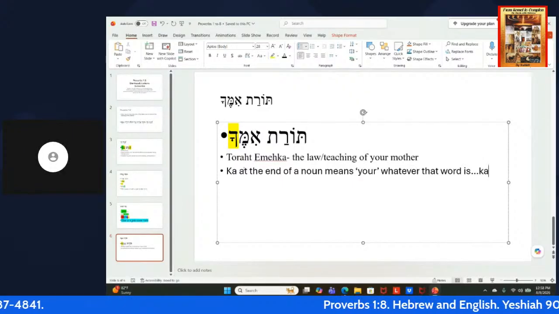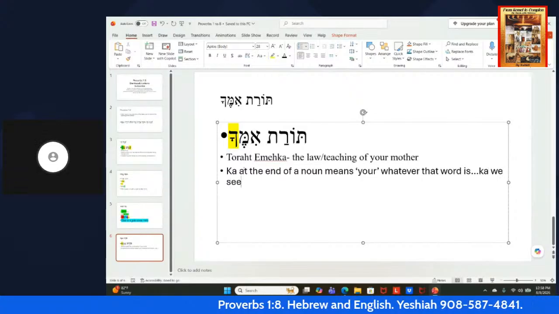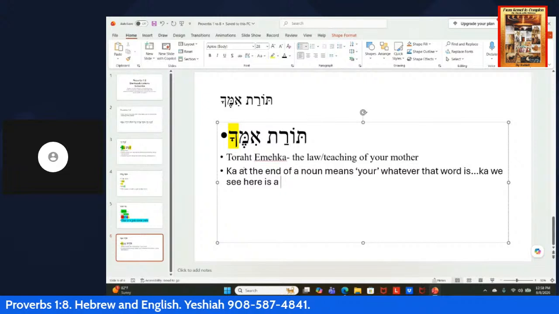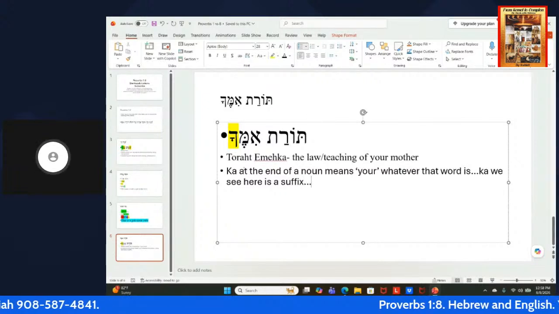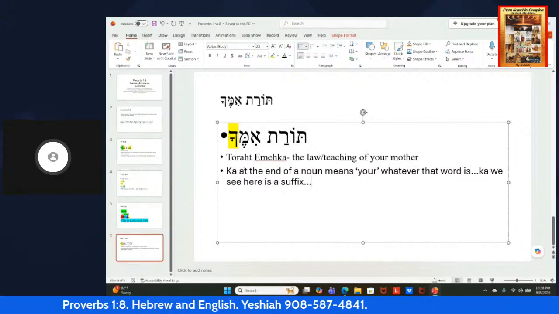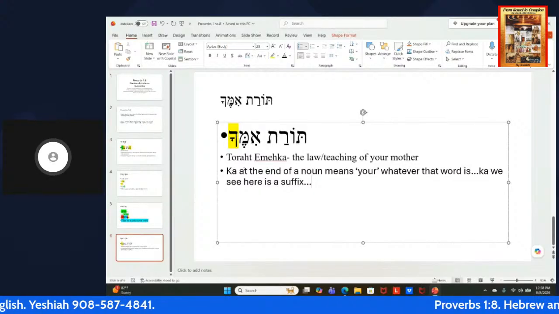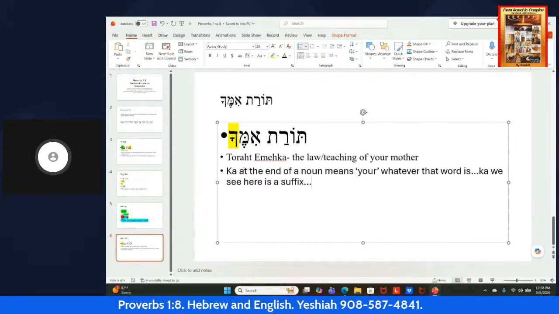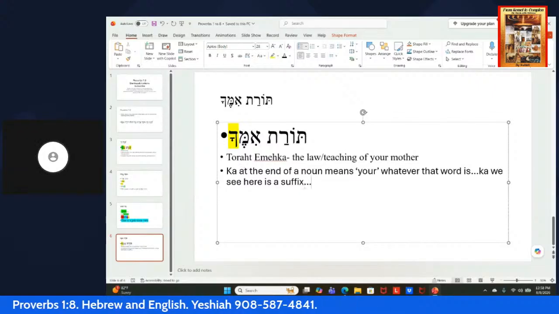Now, ka we see here is a suffix attached to the end of the word. Torat imeka, the law of your mother, the instruction of your mother. Earlier in the presentation, we went over the words hore and hora, more, mora, and torah, and the meaning of such in that particular case.